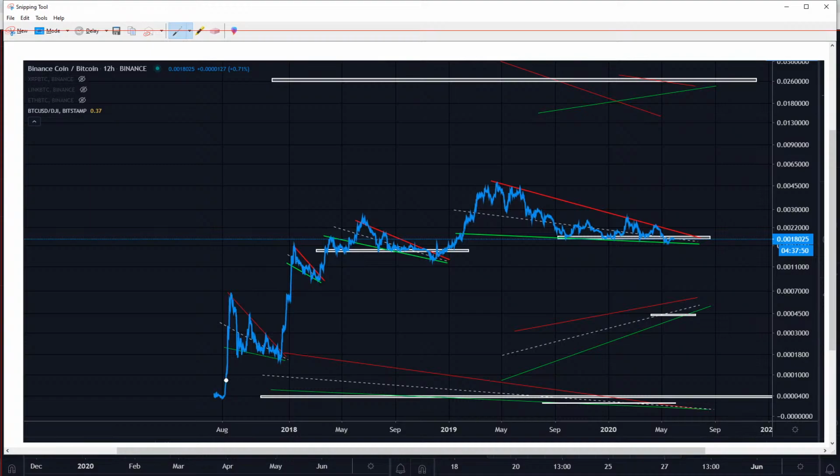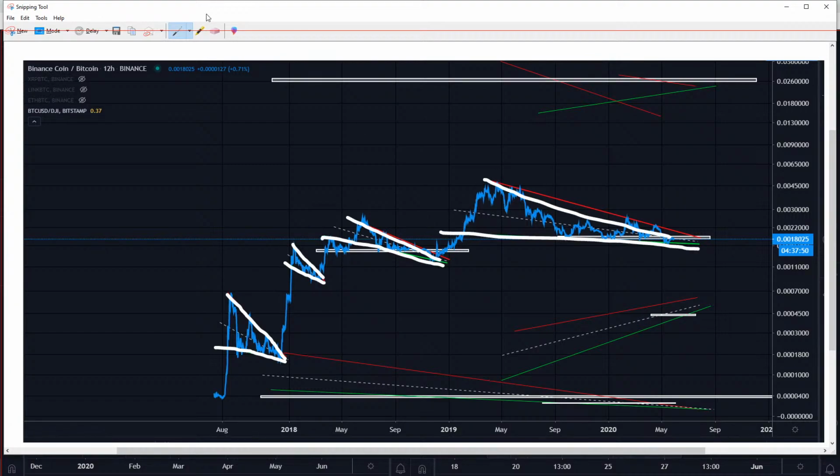And we can see that we've had these very repeated contractions in volatility after massive expansions. So all these are contractions in volatility, and then you're getting huge expansions where BNB outperforms BTC by a long shot in these short bursts. Not saying Bitcoin is going down, but it just means that BNB is going up exponentially compared to BTC.